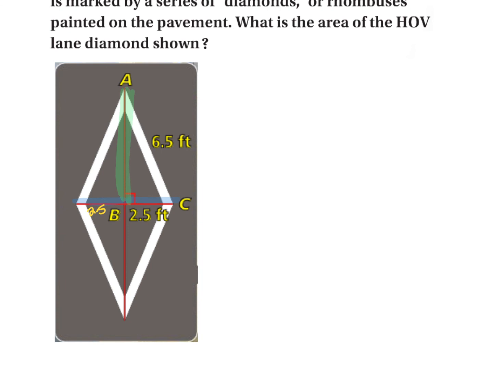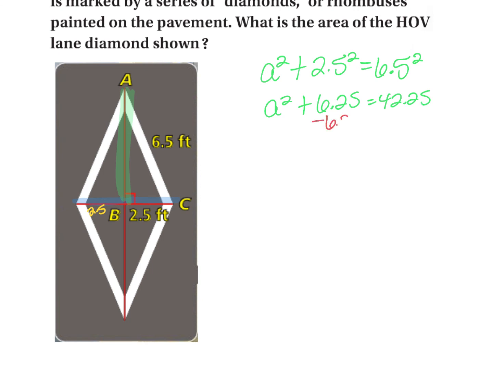Well, since they don't tell us anything about the angles and how many degrees they are, our only option is the Pythagorean theorem, exactly like the last one. So we have a squared plus, I'm going to make 2.5 be the b, equals 6.5 squared, because that's your c. So a squared plus 6.25. I have to put the other one in my calculator. 6.5 squared would give me 42.25.